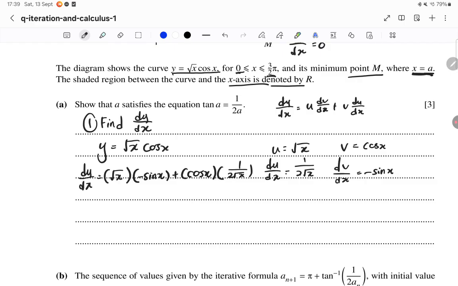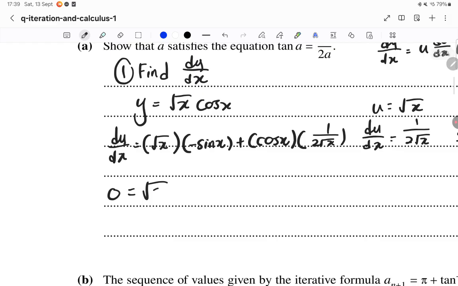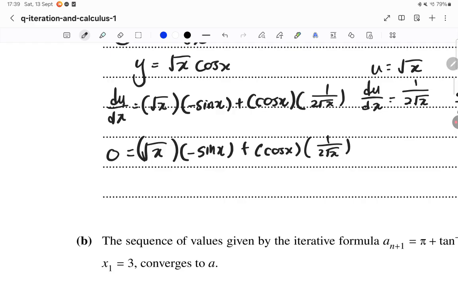And for a fact, we know our dy/dx is 0, so we're going to put it as 0 equals √x times negative sin x plus cos x times 1 over 2√x. So move this to the other side, we get sin x √x equals cos x times 1 over 2√x.